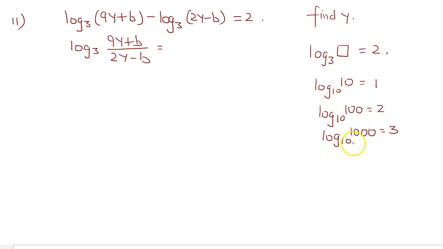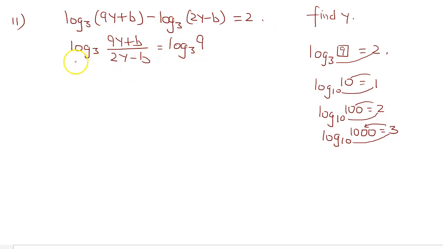So you can see easily 10 to the power 3 is 1000, 10 to the power 2 is 100, 10 to the power 1 is 10, so 3 to the power 2 is 9. So 2 can be written as log 9 base 3.